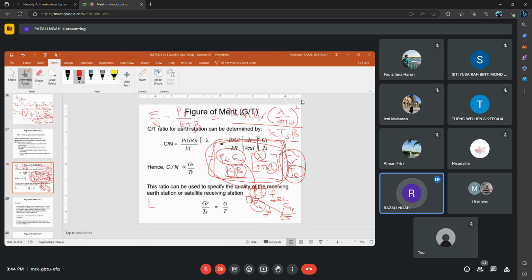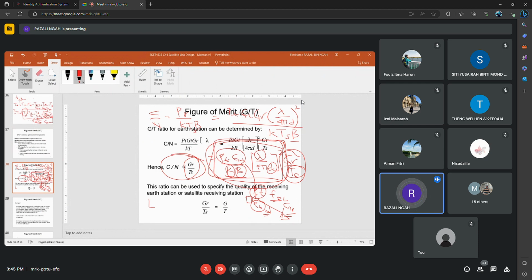That's why at the end we say that carrier to noise ratio is proportional to the ratio of GR over TS, because these two parameters we can change, whereas the others are fixed.